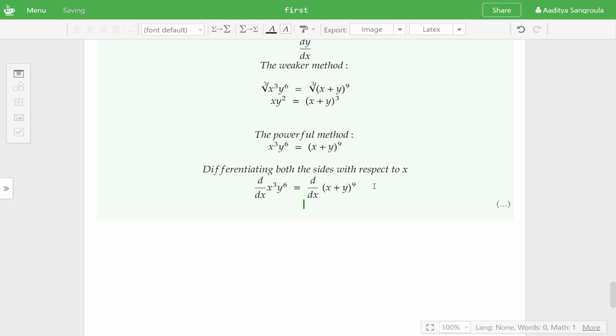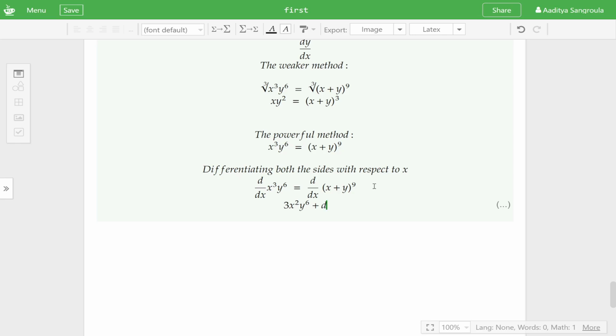So using the product rule, it will be the derivative of x cubed, that would be 3x squared, and then y to the sixth power, plus the derivative of y to the sixth power.